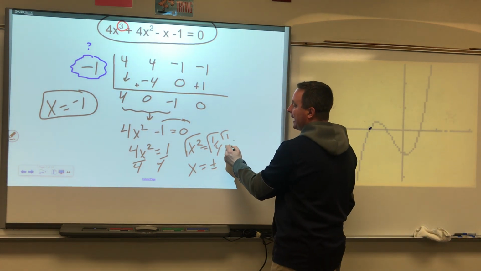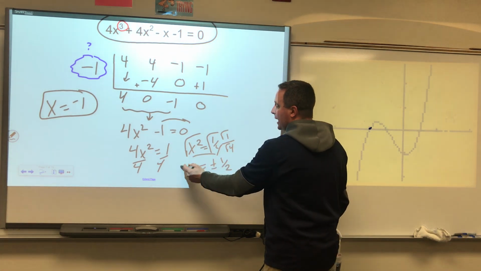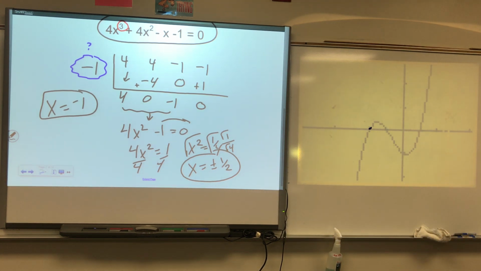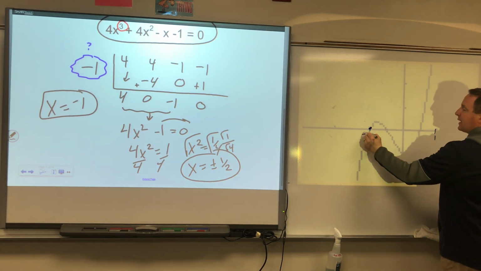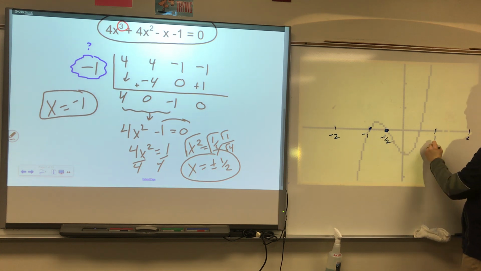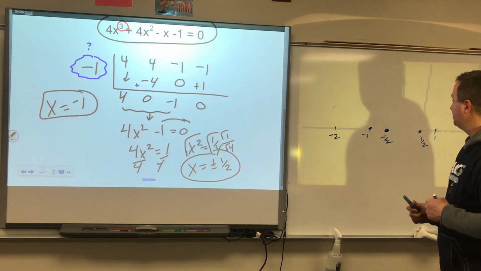Remember, when we square root a fraction, we square root the numerator and denominator, and I get plus or minus 1/2. And if you look closely here, this was the number 1, this was 2, this was -1, -2. Right here, this is -1/2, and that's +1/2, which does fit the bill.